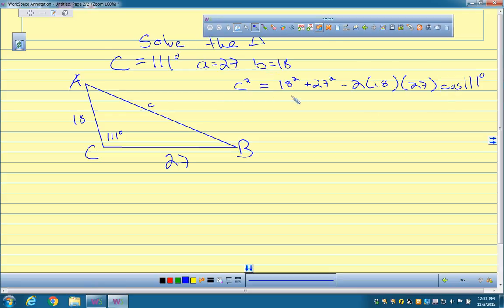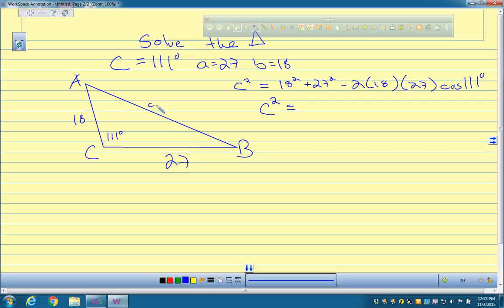So what you have to do is multiply this together and then subtract it from this. Or if you stick it all into your calculator in one chunk, your calculator could figure it out, I think, for the most part. But if you get something that looks really weird, like this side should be the biggest side of this triangle, right?